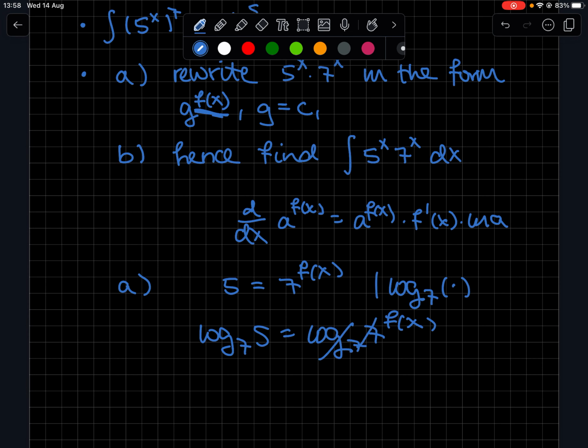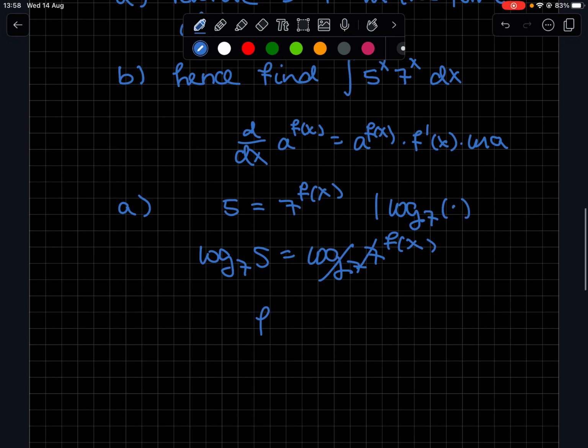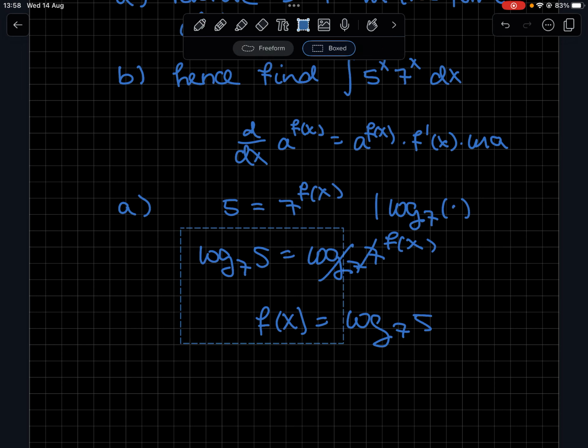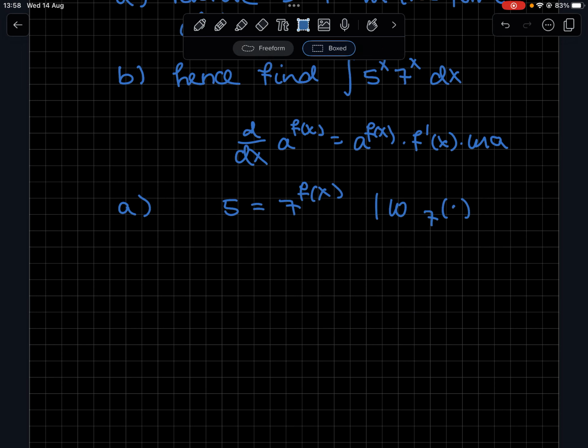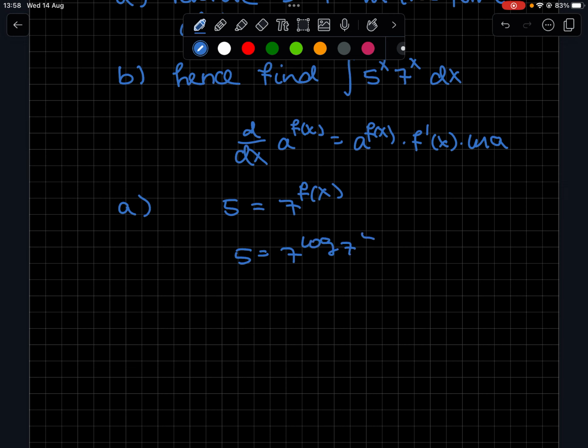Log base 7 and 7 cancel out, so we get f of x to be log base 7 of 5. So 5 equals 7 to the power of log base 7 of 5.